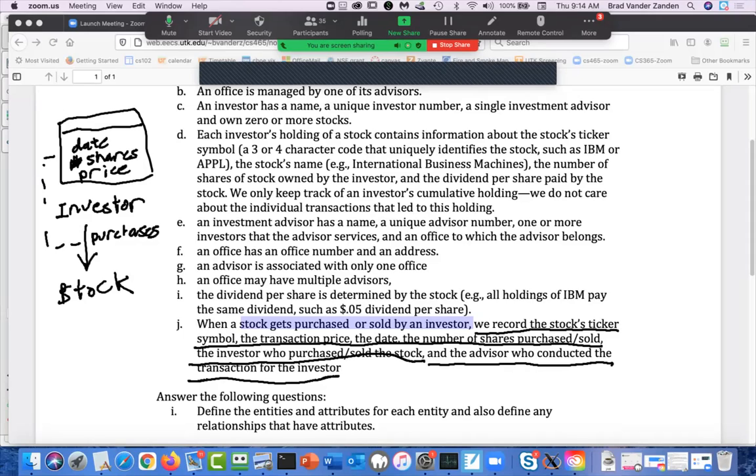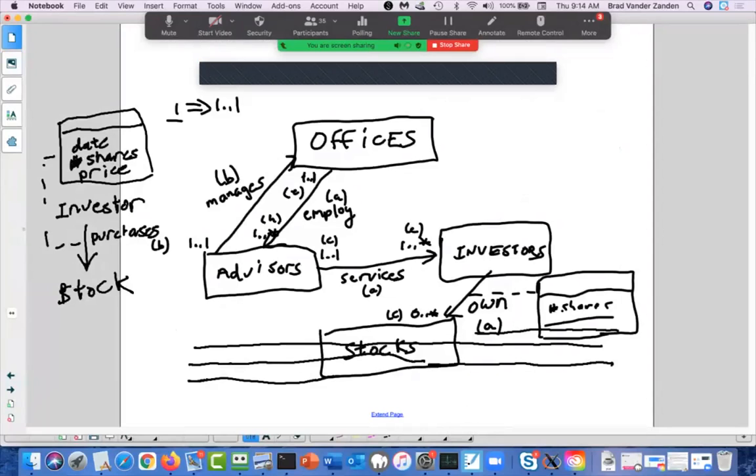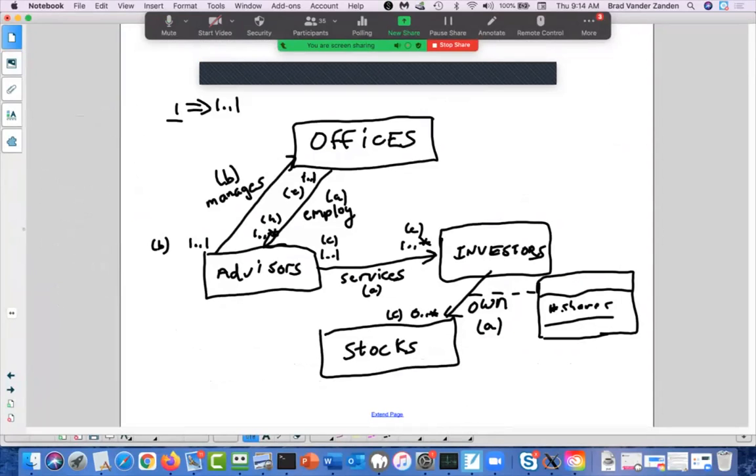Okay, so the way we should show this, I've got to get rid of this. So our final thing, it's getting cluttered unfortunately, but we have this purchases.